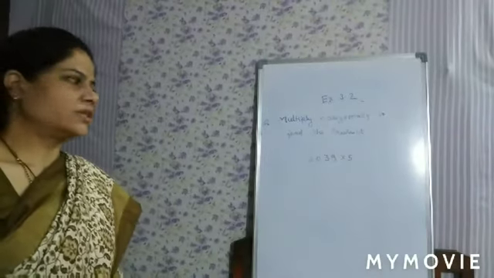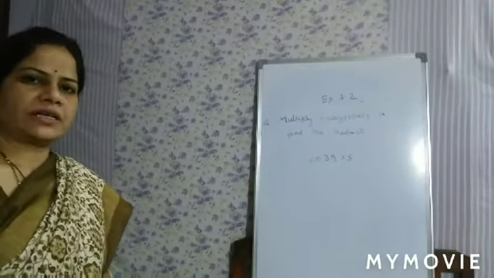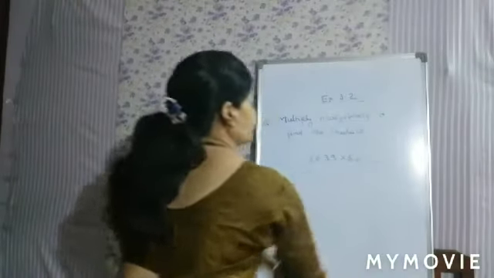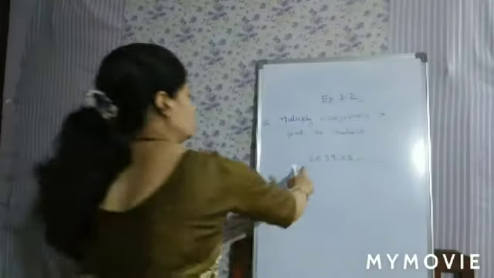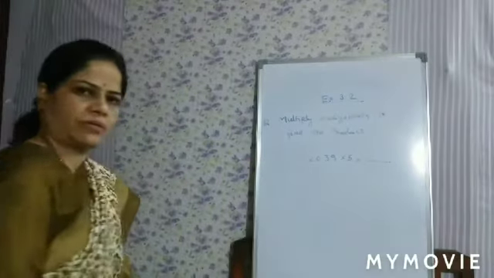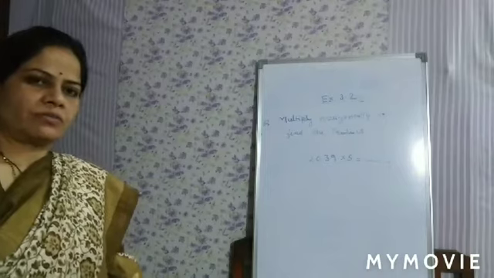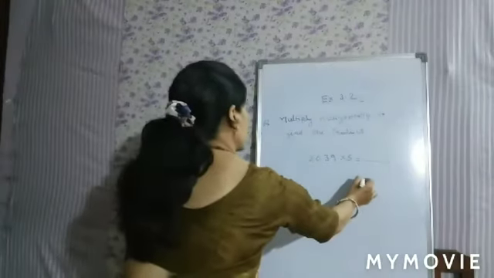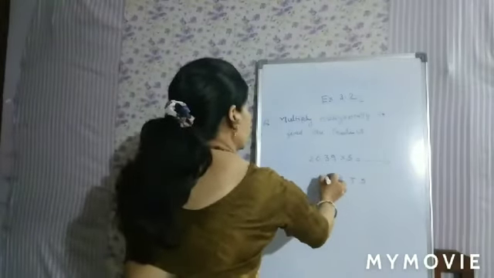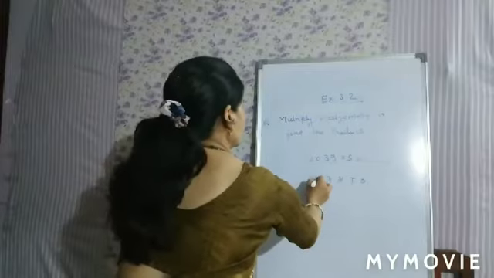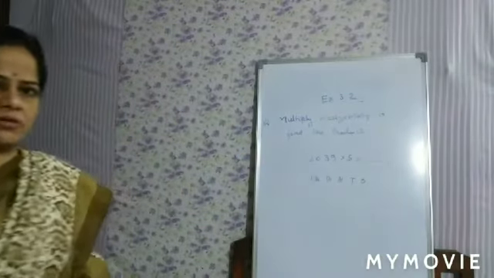Now next multiplication is 2039 multiplied by 5, and you have to find the product. Okay, since 2039 is a 4-digit number, you have to write one more place. Okay, so ones, tens, 100, 1000, and you have to take one more place which is 10,000.